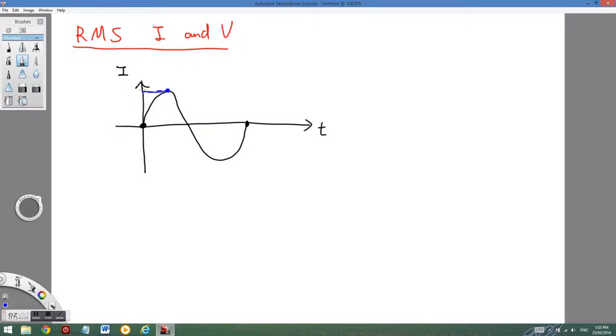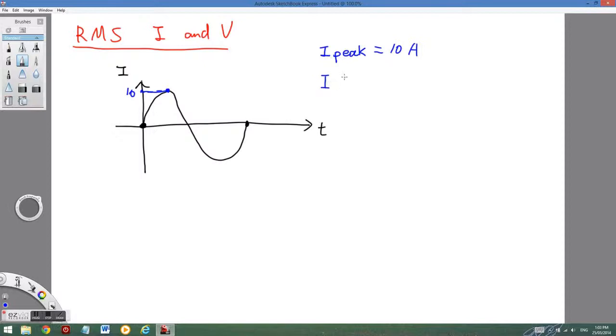So in order to make it equivalent, we divide the peak current by the square root of 2, and we call that the RMS current.